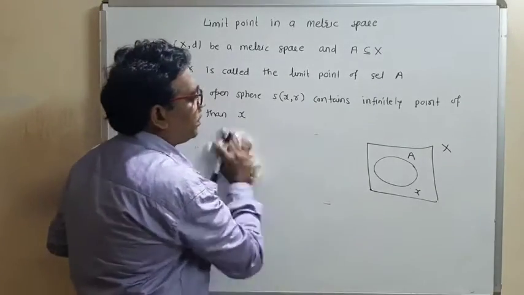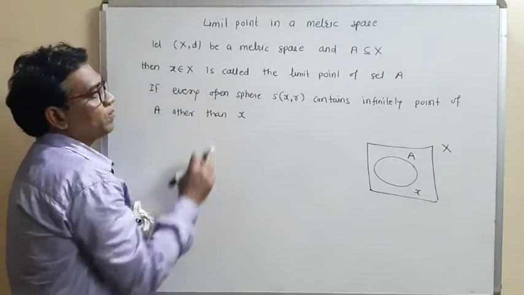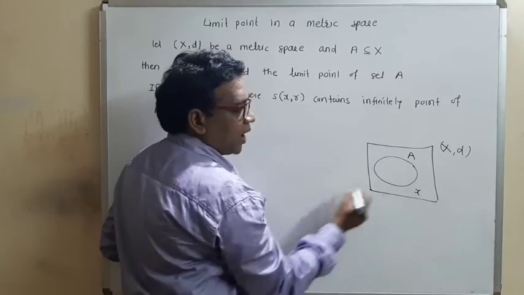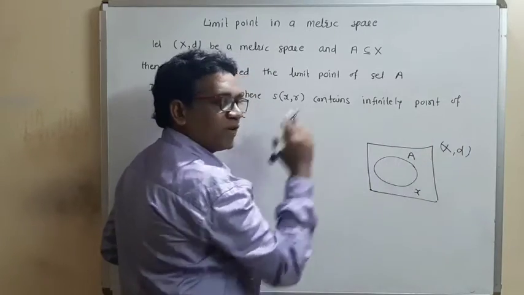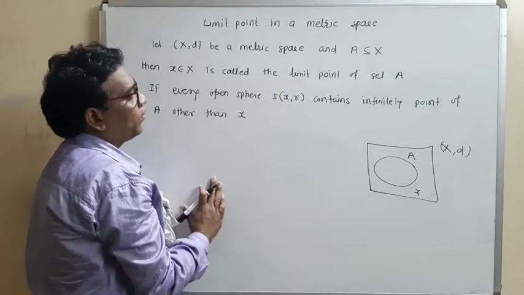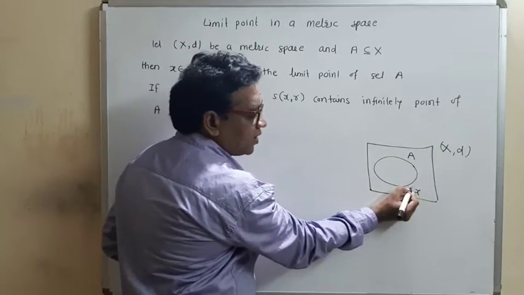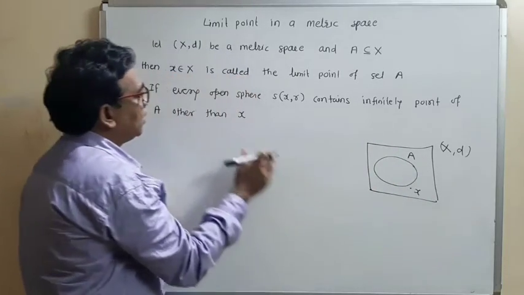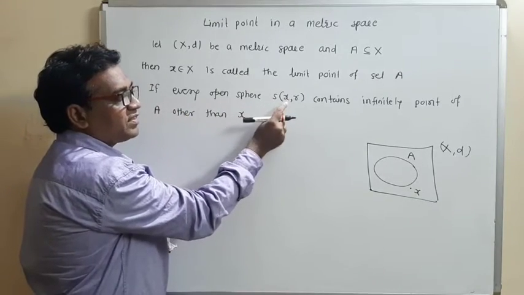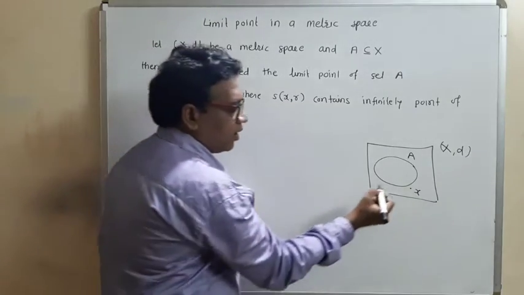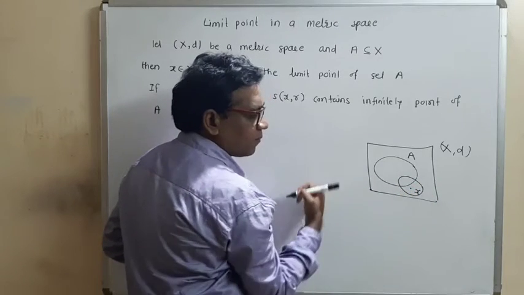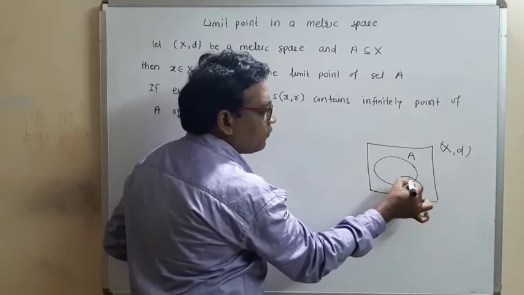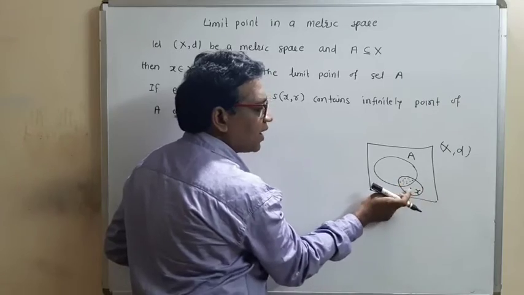Now see, what is the definition of limit point? If (X, d) is suppose the metric space, and if A is the subset of capital X, then this point x is called the limit point of this set A means that for every open sphere S with center at x and radius r, it contains infinitely many points of A other than this x.